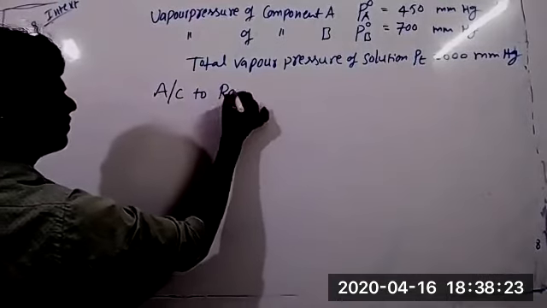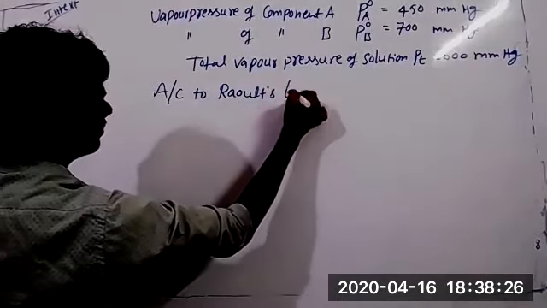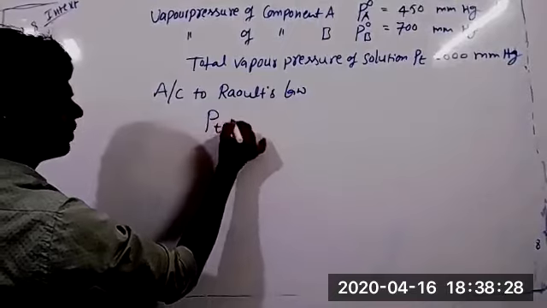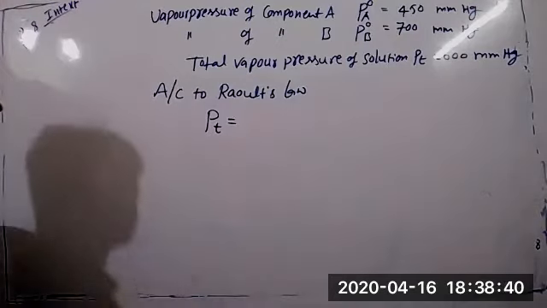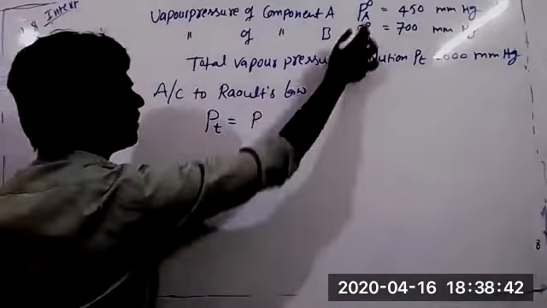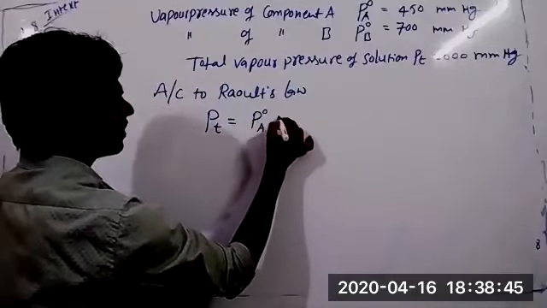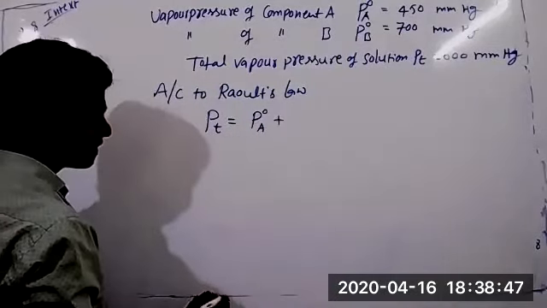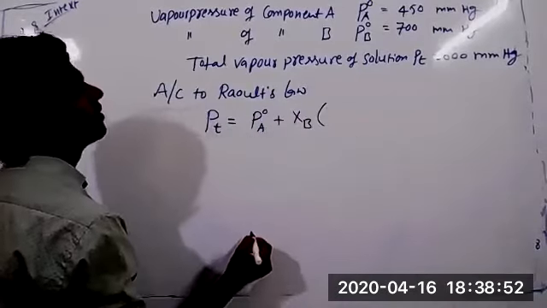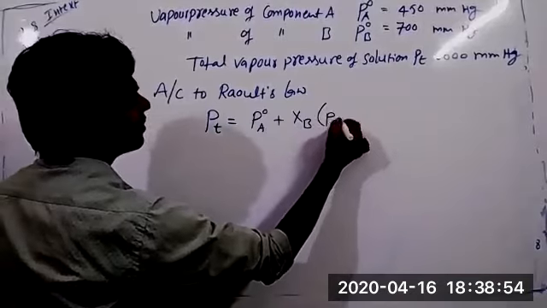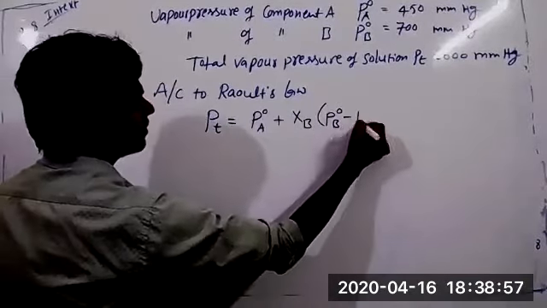According to Raoult's law, what is the formula for P total? P total is equal to P1 power 0, instead of P1 I am taking PA, so PA power 0 plus XB into PB power 0 minus PA power 0.